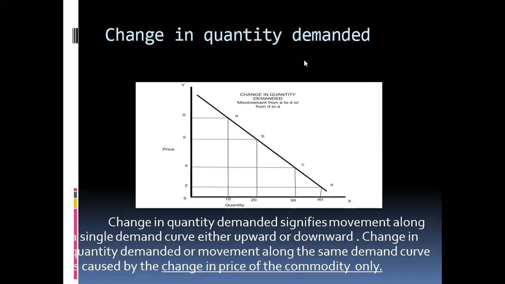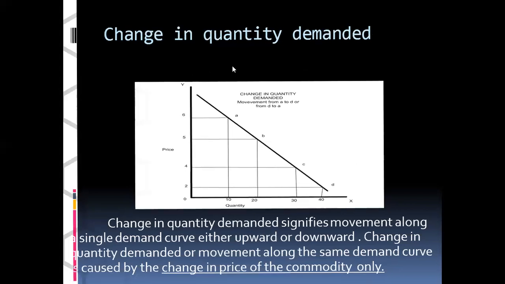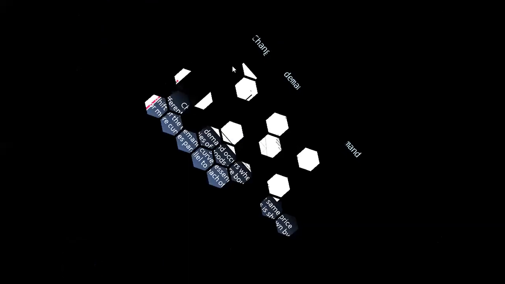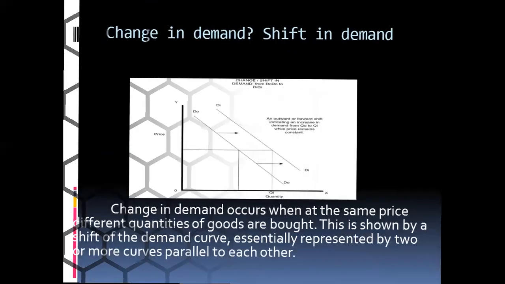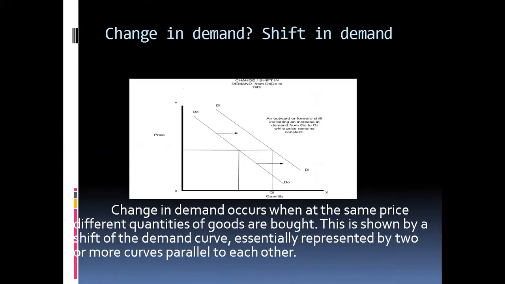Now, let's go on to what we have on the next slide. Now, this is a different curve to what we have in the other slide. Now we have a movement of the demand curve, change or what we call shift in demand.